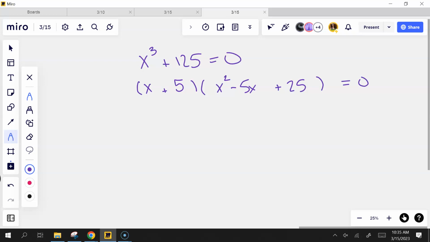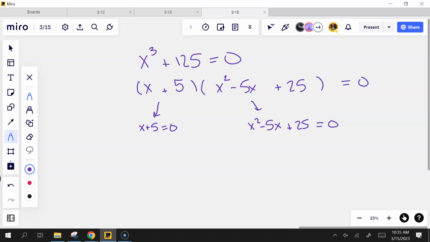Now, here's when I have a power. Are we finished? No, because that's what we did last week. A sum or difference of 2 cubes never factors any further, and you will always have to do the quadratic formula for it.